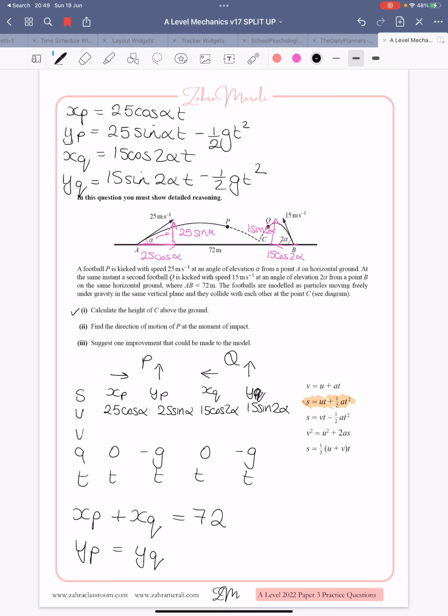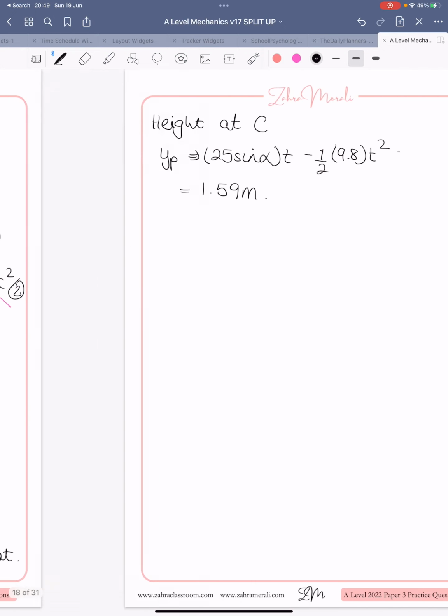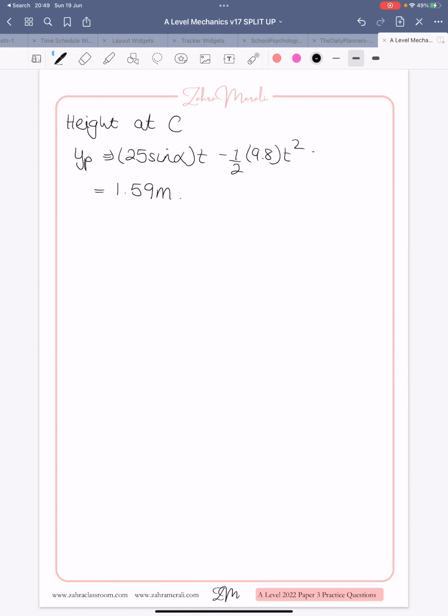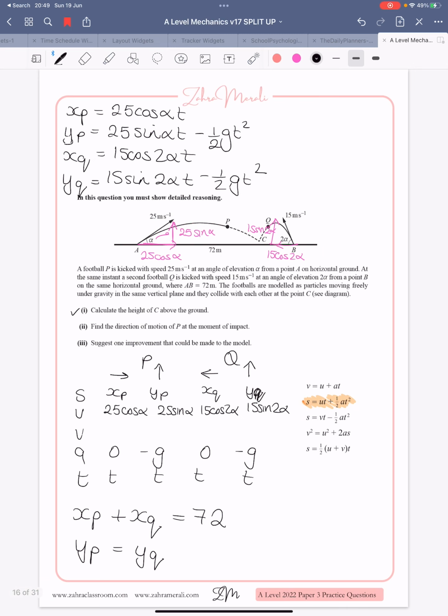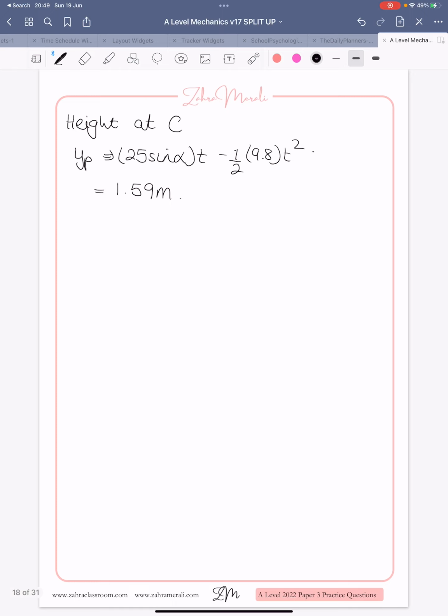Now we want the direction of motion at that point. So in order to think about that, we've got to think about the velocity horizontally and the velocity vertically, and then we can calculate both. We're doing it for particle P, so we have to use v equals u plus at. Now remember, v and u horizontally never change.